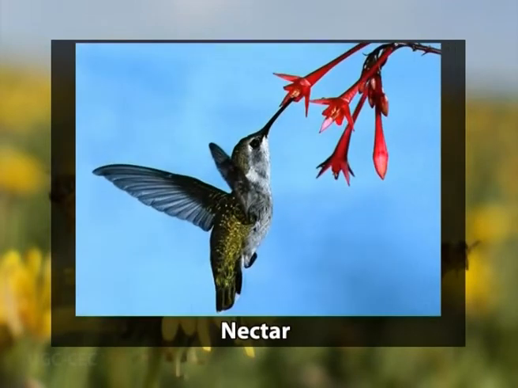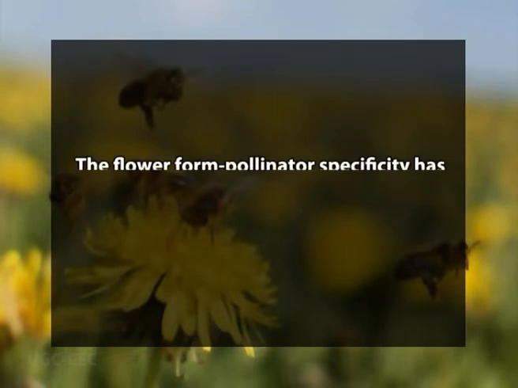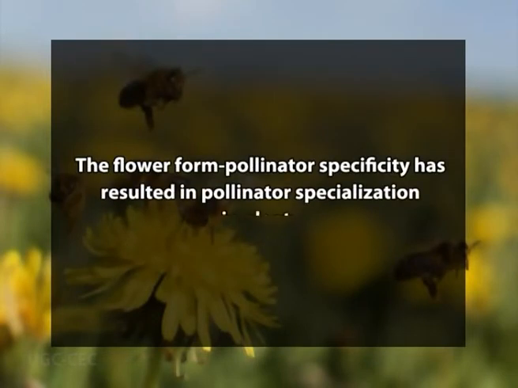Besides, the specific design of a flower helps it to conceal nectar and pollen from the nectar and pollen robbers, while allowing only specific vectors to gain entrance to the resource. This flower form pollinator specificity has resulted in pollinator specialization in plants.